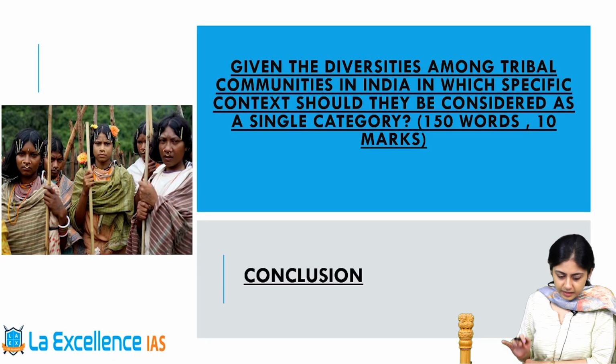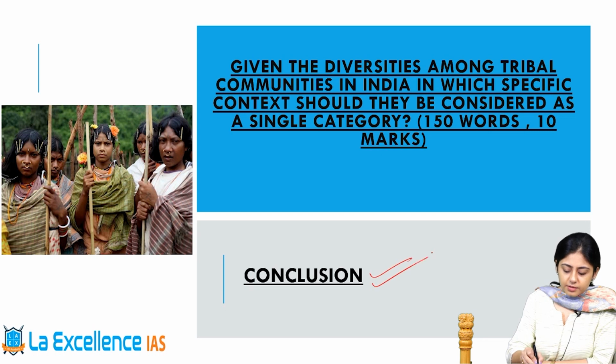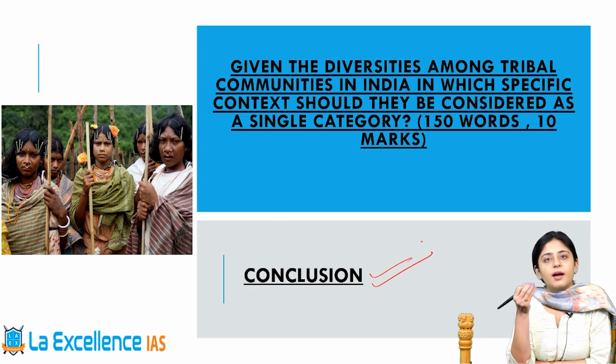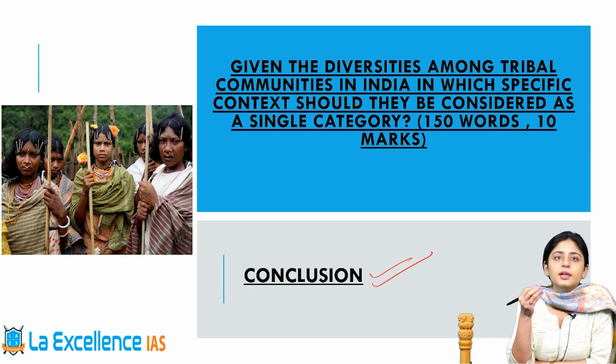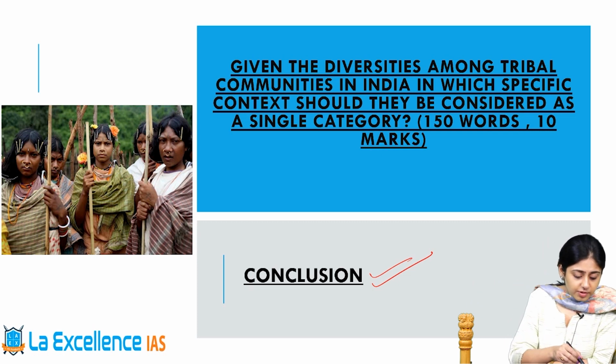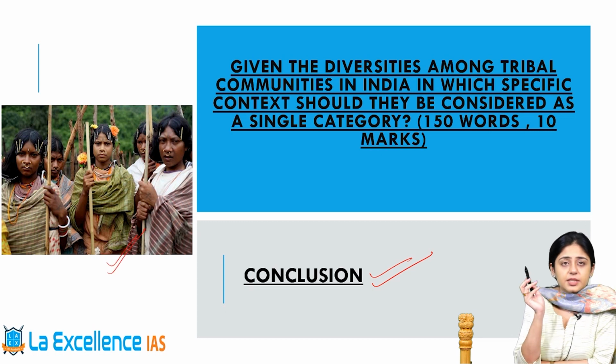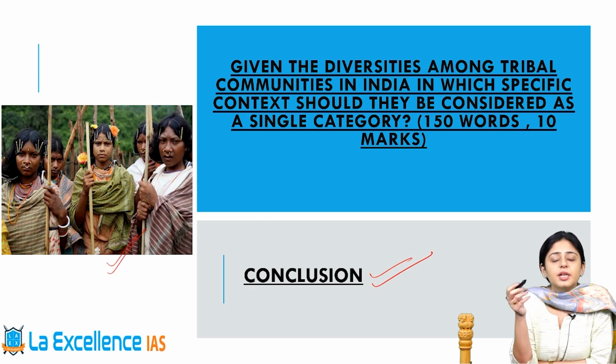And then you write a conclusion that although they have a distinct lifestyle, right, although they have adapted themselves to the modern economy, but still there are very backward tribals. Like this is a photo of Dongriya Kond from Odisha, right? They still depend on nature and all these conventional economic activities, right?